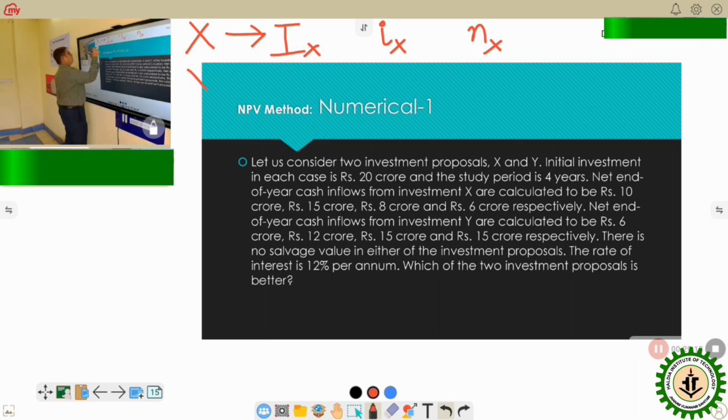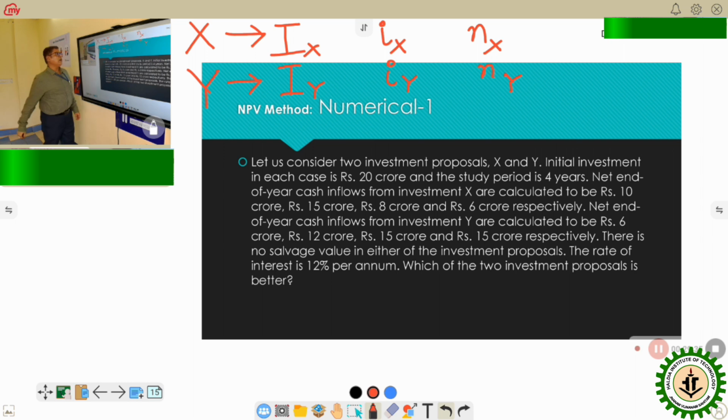Similarly, for investment Y, I am using IY, small i suffix y, and ny.